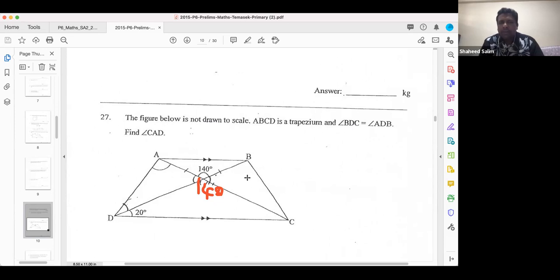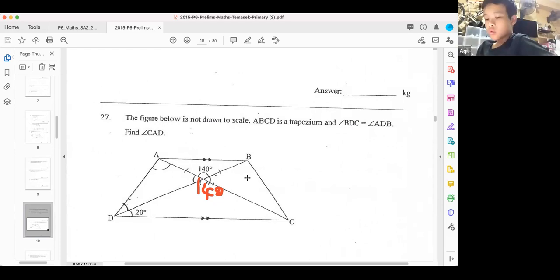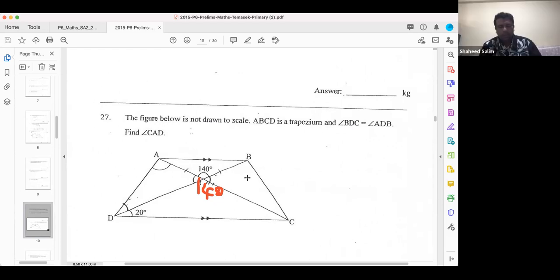You label angle BDC equals angle ADB. Which one is it?